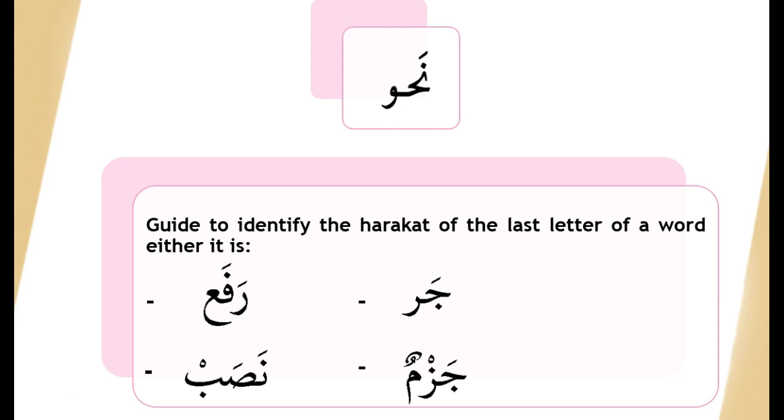So rafa, nasab, and jar refer only to isim, meaning you can have a fatha, fathatani, dhamma, dhammatani, or kasra, kasratani.